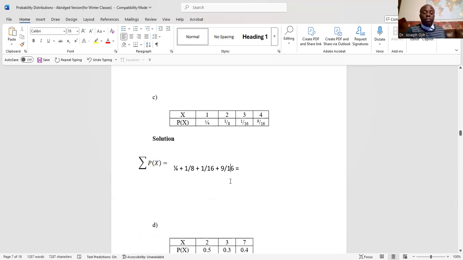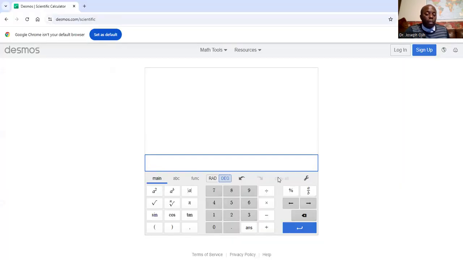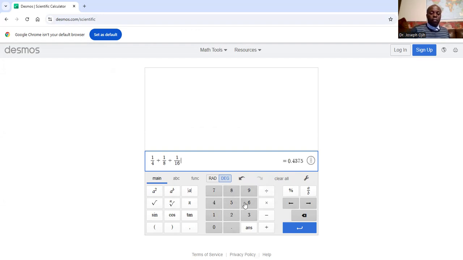So let's go and put it in the calculator. You have 1 over 4, 1 over 8, 1 over 16, plus 9 over 16.